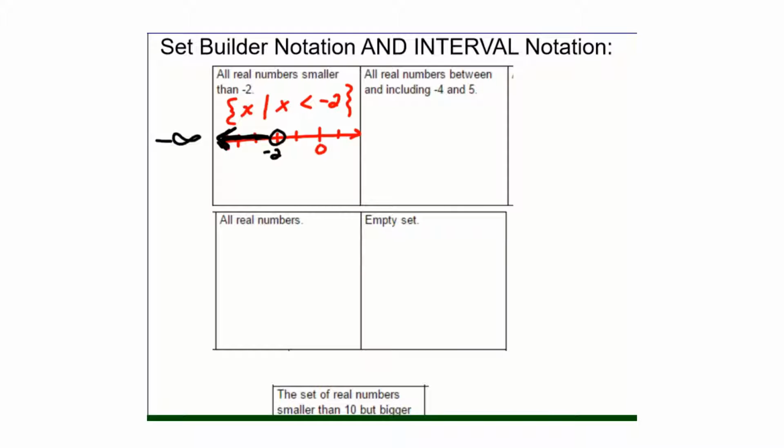The sideways 8, that's infinity, and that's negative infinity. It's important to understand that symbol because in interval notation we use it. In interval notation we're going to go from negative infinity to -2, like that.